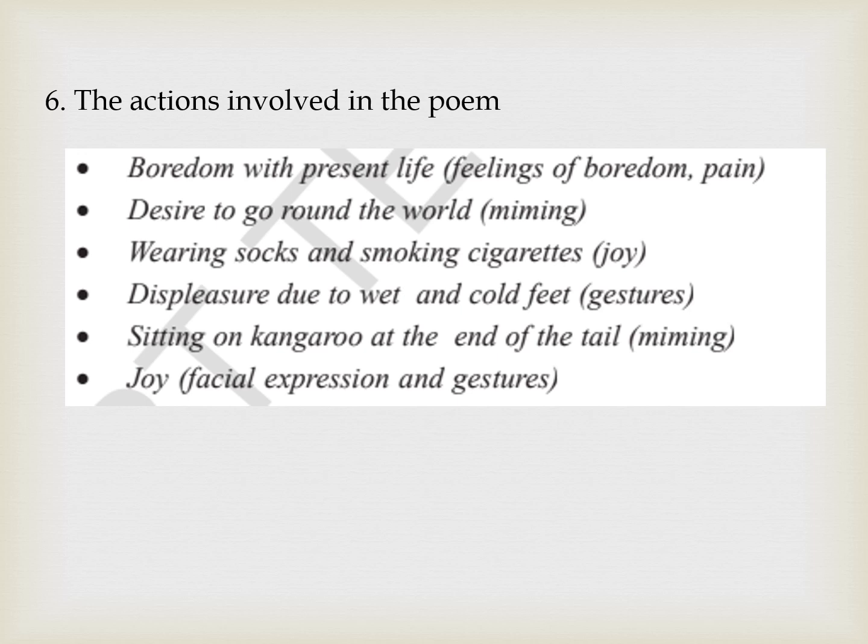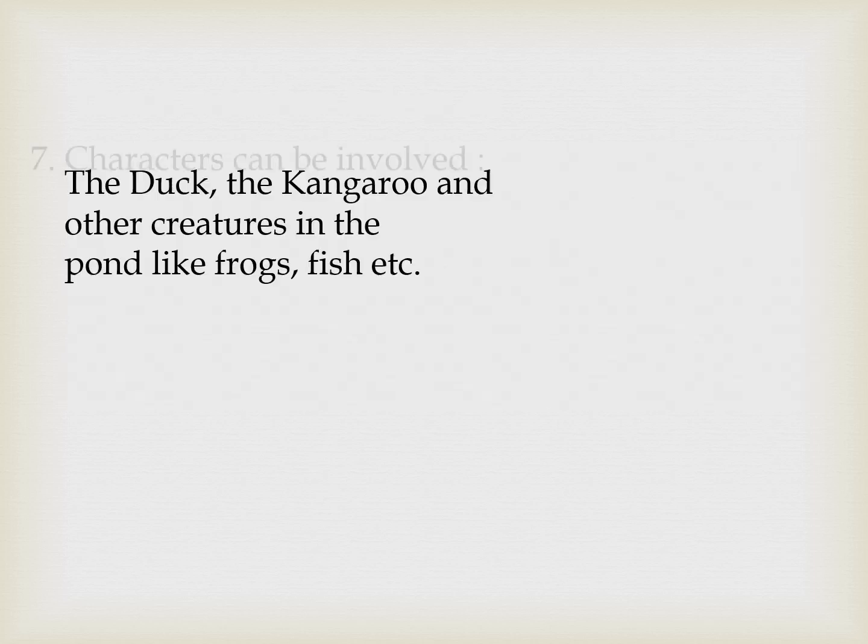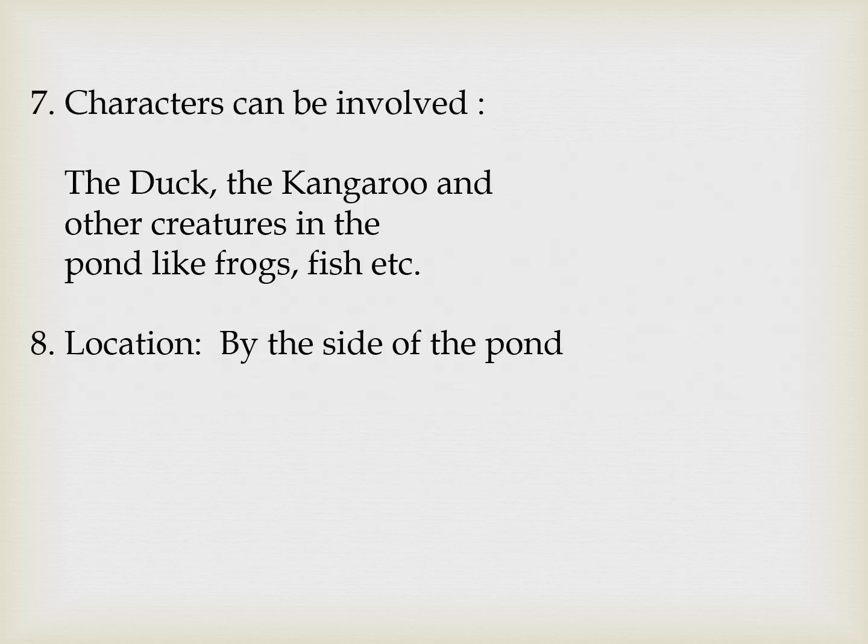While acting and while presenting in the class, all should be shown here. Whatever the feelings, whatever the miming actions, gestures, all should be shown in the presentation. Next, characters can be involved.